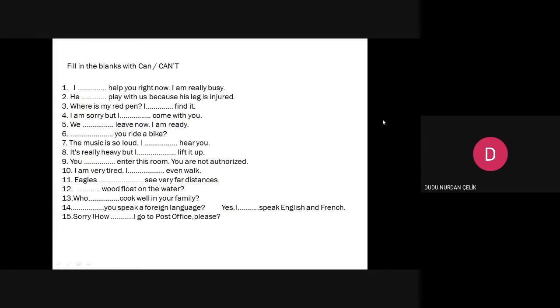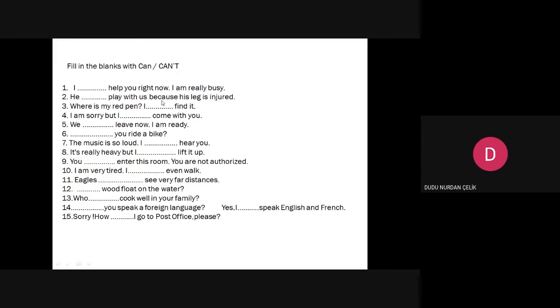And on this page, there are some examples, exercises about can and can't. Let's have a look at them. I'm very busy.